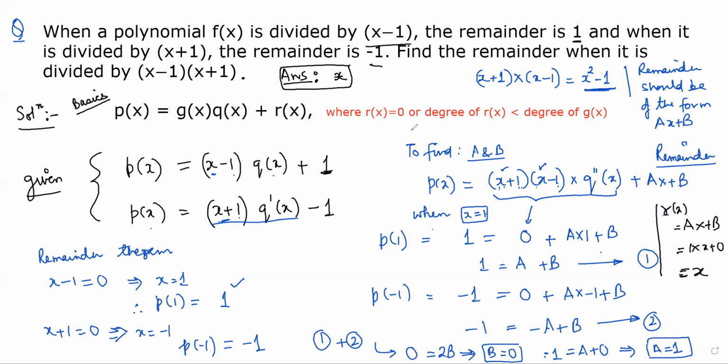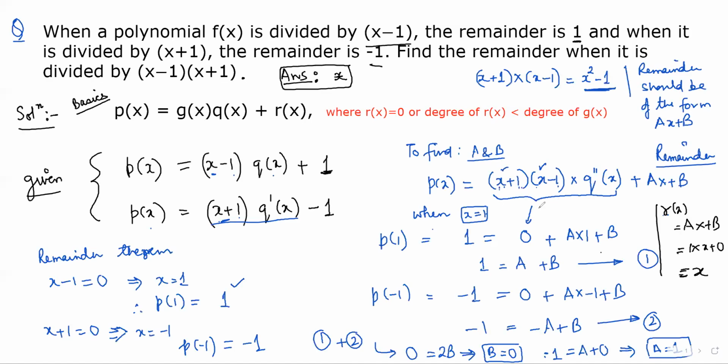I'll give you that particular polynomial. It will become very easy. This is just to show the students why this answer is correct. Say the polynomial is x square minus 1 and the remainder we got was x. Check it, it's a simple polynomial. If the value of q double prime is 1, then x square minus 1 and in ax plus b, x will remain x, the value of a was 1, the value of b was 0. I took this polynomial.